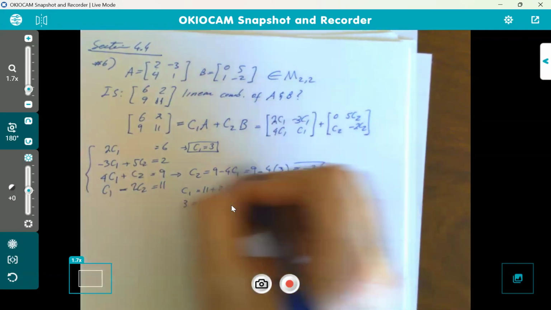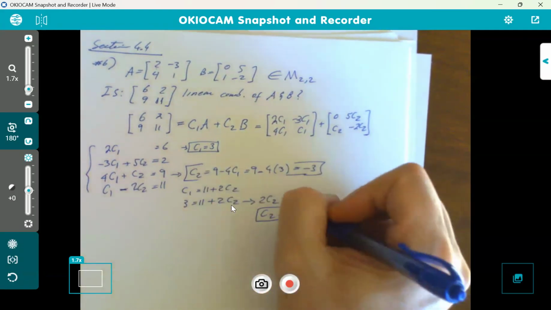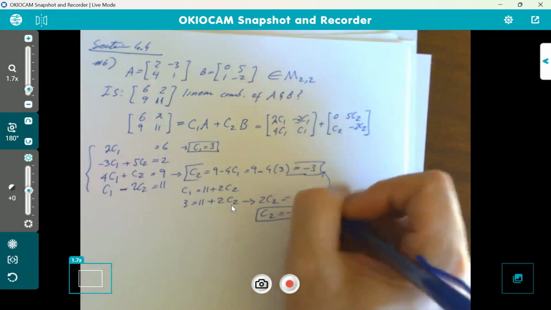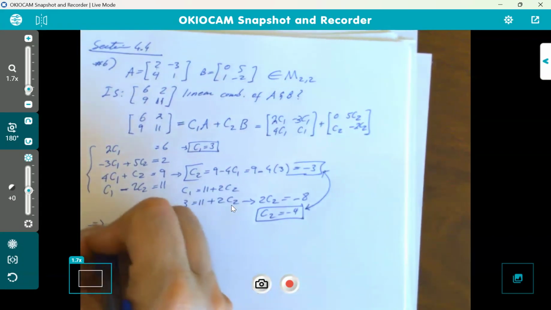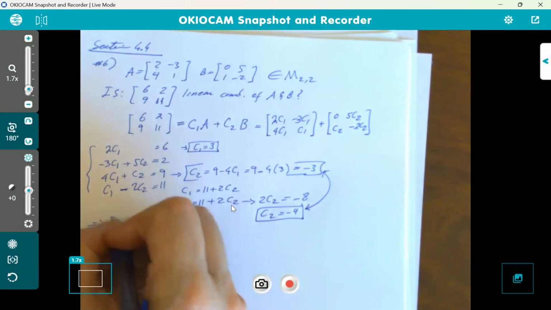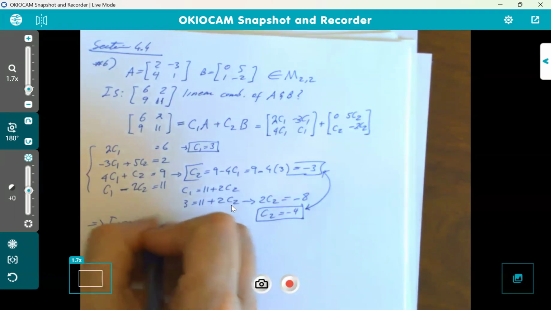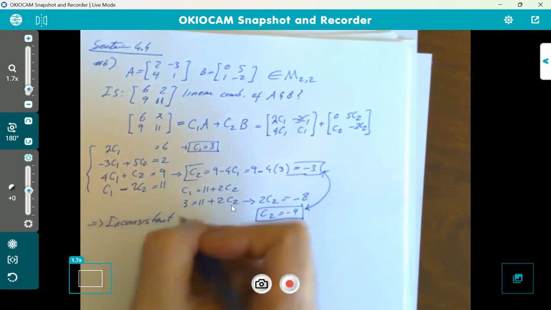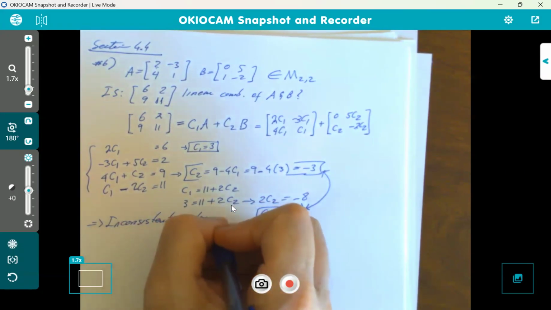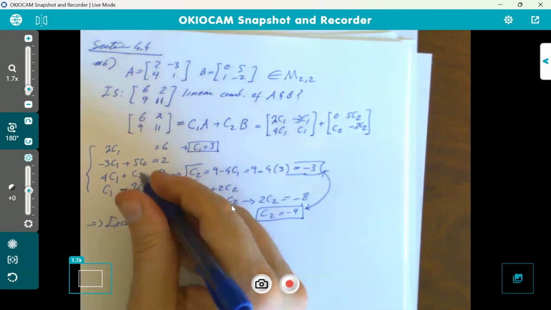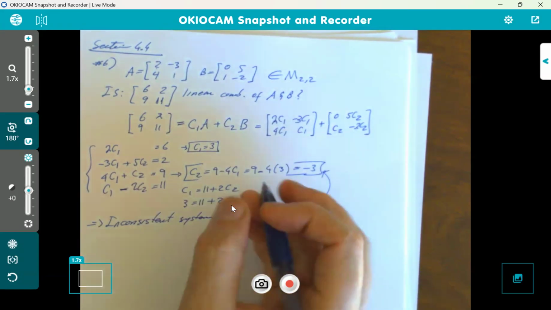Now, C2, we just said is negative 3, but then it turns out to be negative 4 in another equation, correct? So that means the system is inconsistent. Inconsistent system means it has no solution, right? An inconsistent system has no solution.